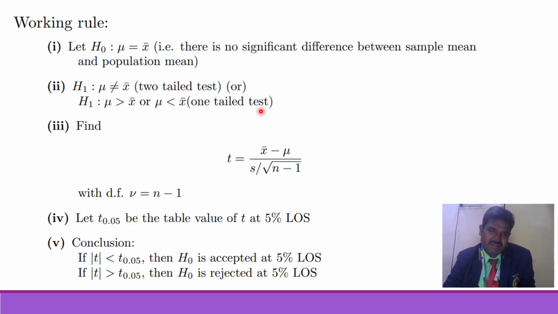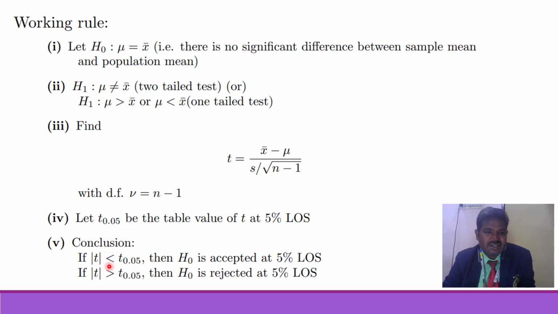That is a one-tailed test. Then, using the formula t equals x bar minus mu divided by s by root of n minus 1, with the degrees of freedom nu equal to n minus 1, choose the level of significance. It may be 5% or 1%. Then get the conclusion, taking the absolute value of the calculated t.